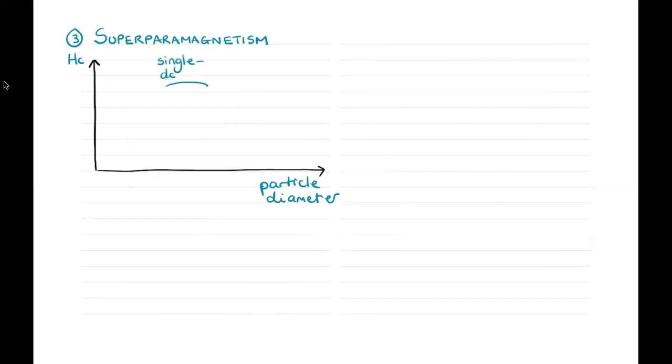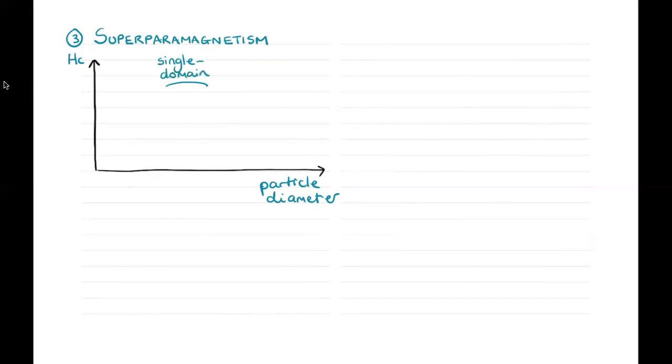And so if I plot the coercive field as a function of the particle diameter, what we've been discussing has been a region of small particles which are single domain and therefore have a large coercivity.